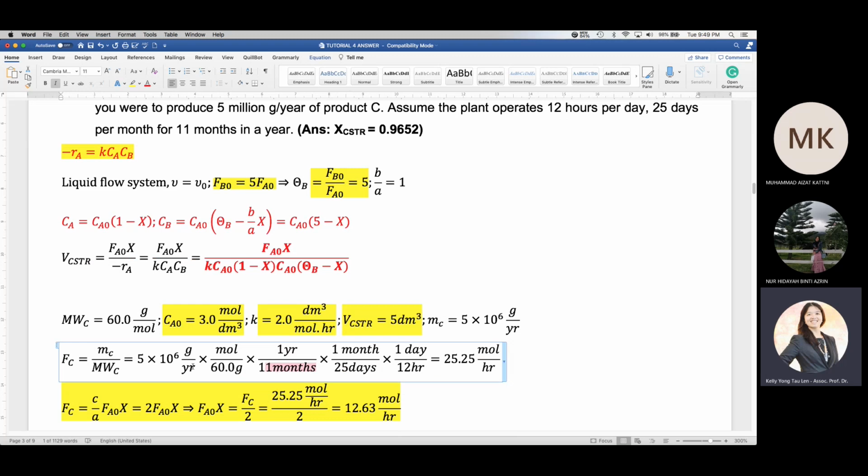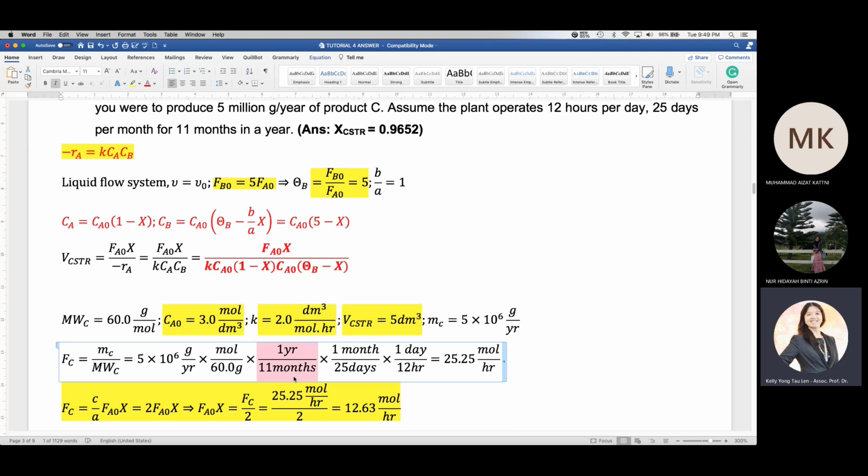Okay, so saya dah cancel unit year saya. Berdasarkan soalan, dia kata for each year, plant saya hanya beroperasi 11 month. Okay, so I use it as a conversion factor. So unit year dah terbatal, tinggal unit month. So now my unit dia adalah mole per month. Tak boleh lagi sebab saya nak dalam bentuk mole per hour.